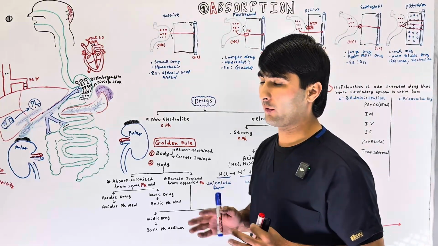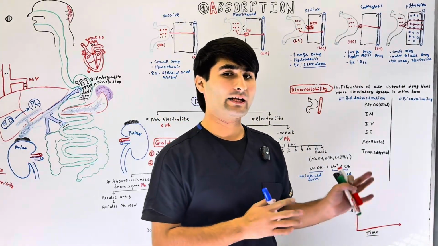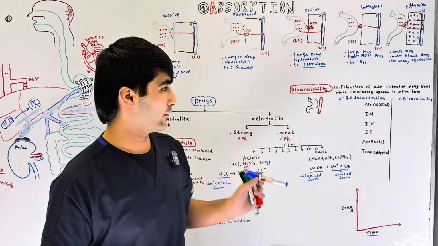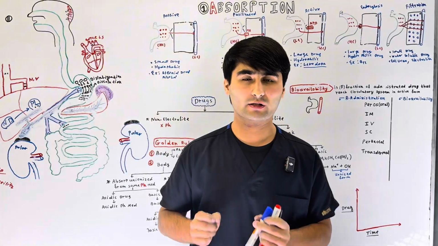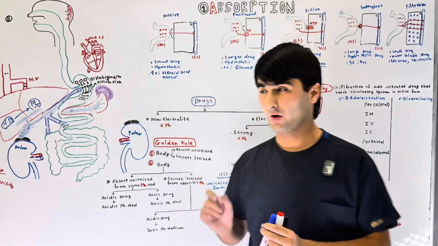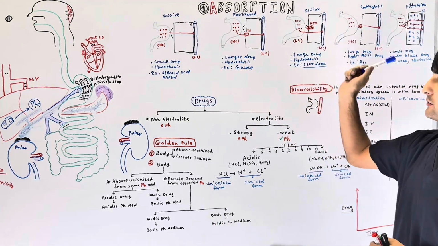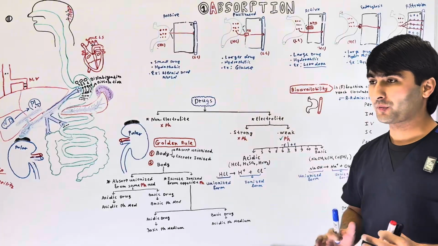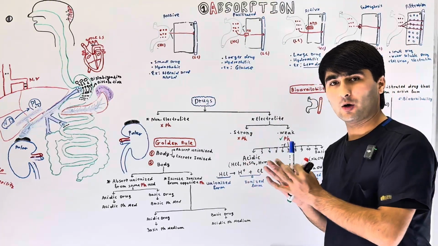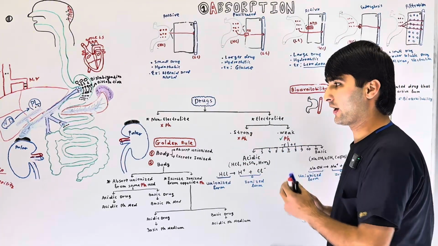Here I will not explain each factor, but only the pH, which is the most important factor affecting each mechanism of absorption. Now I will explain how pH affects drug absorption.